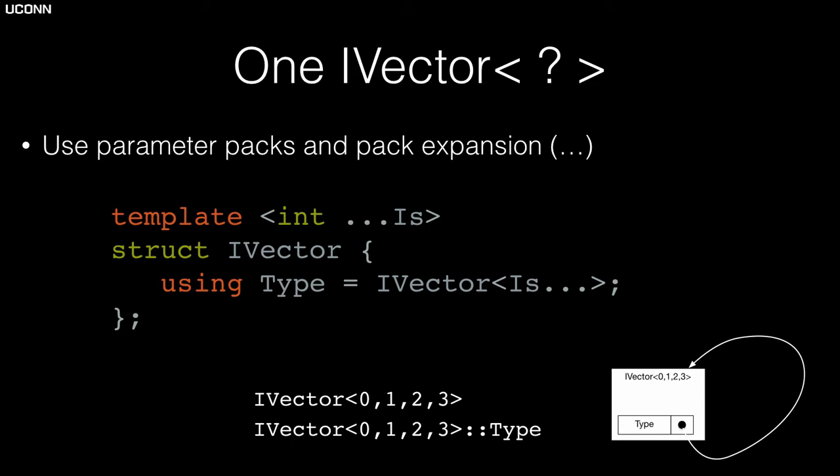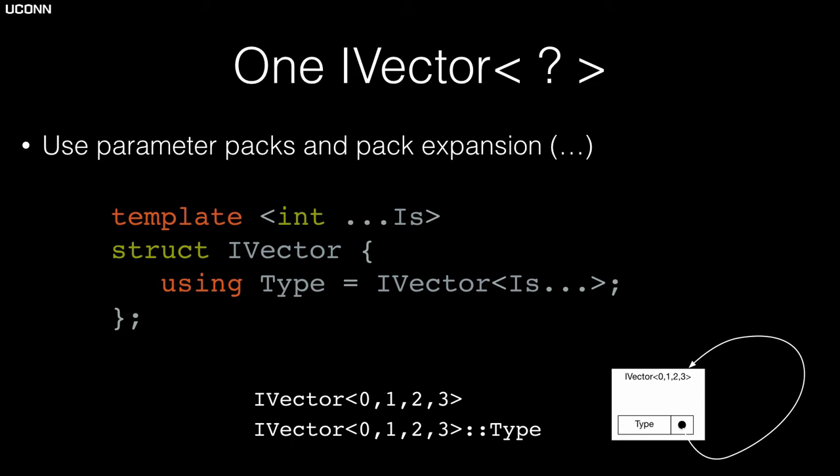The argument to my I vector type is a parameter pack, which is a collection of integers. IS is a list of integers. Now, if that's what I get when I write int dot dot dot IS, the dot dot dot before tells me this is a definition of a parameter pack. IS represents a sequence of integers.